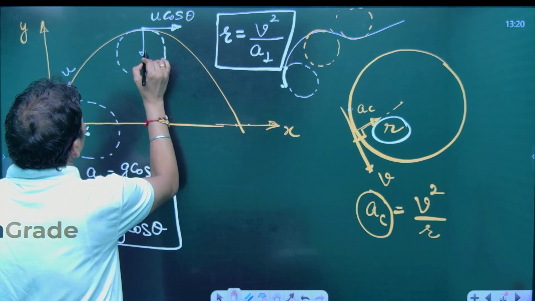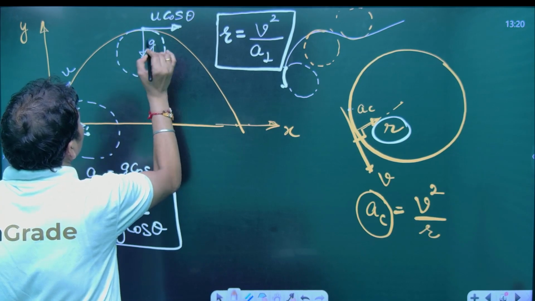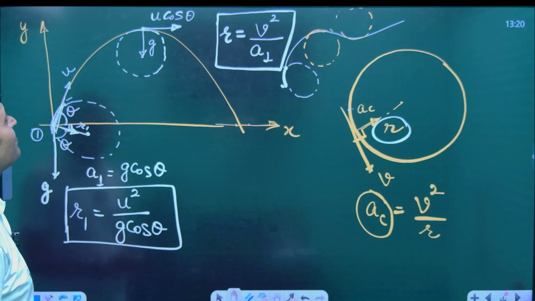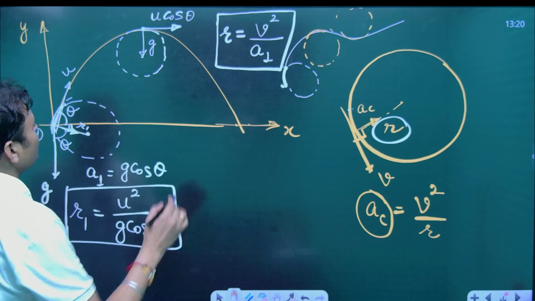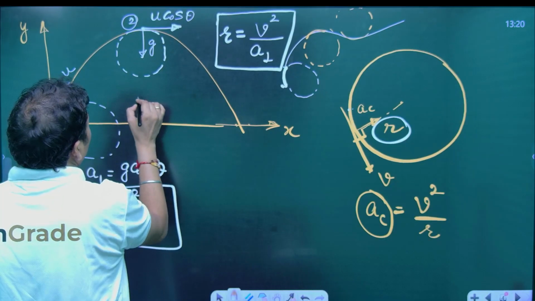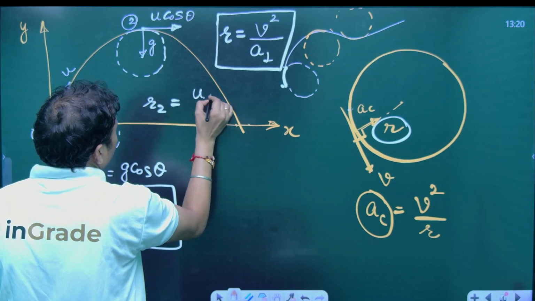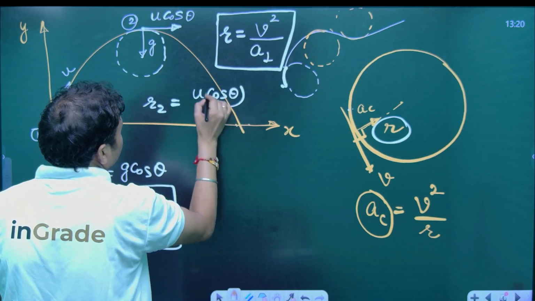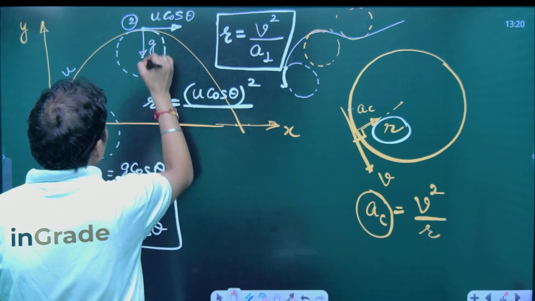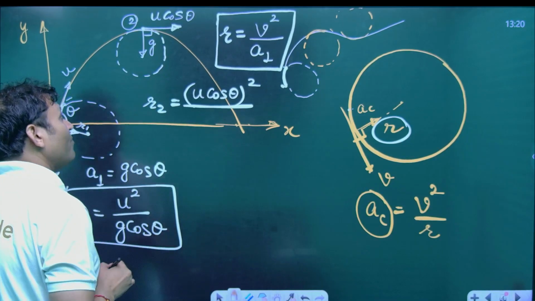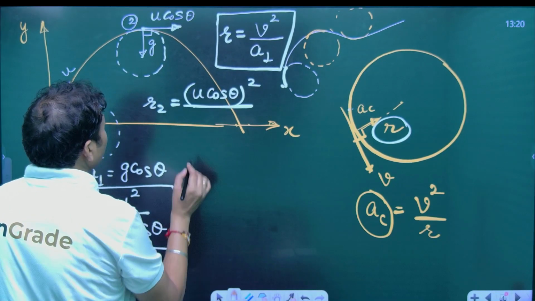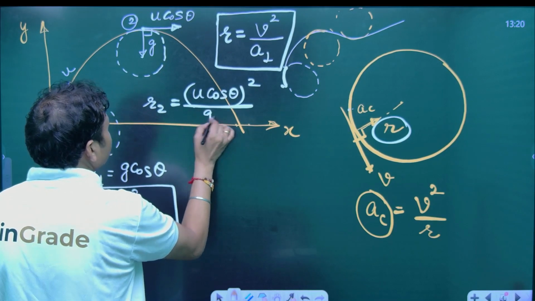And acceleration due to gravity is acting perpendicular to the direction of velocity. So at this point 2, if we want to write r2, the radius of curvature, it is the velocity square at this point upon the component of acceleration perpendicular to the velocity, that is g.